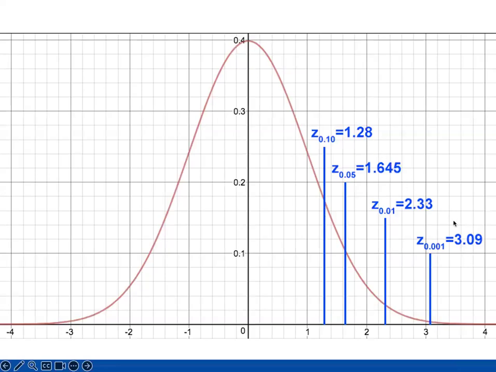All of these critical values can be obtained from the standard normal table. And again, these critical values were determined based on the values of alpha that we have set earlier at the start of the analysis. So these are the values that we will be comparing to the test statistic that we will be computing in the next step.